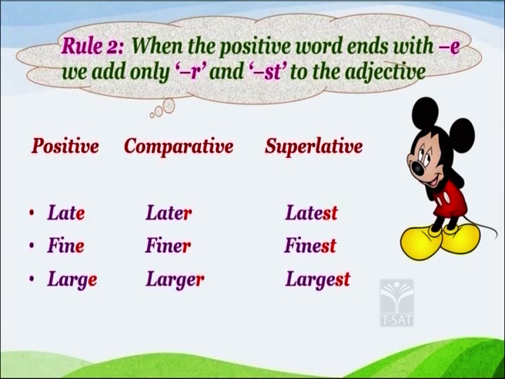But here, according to rule number 2, when the positive word ends with the letter E, we have to add only the letter R in the comparative degree and only the letters ST in the superlative degree.